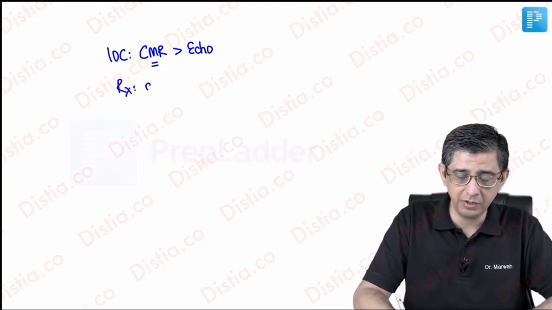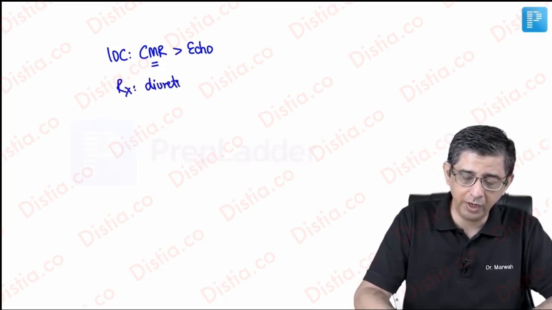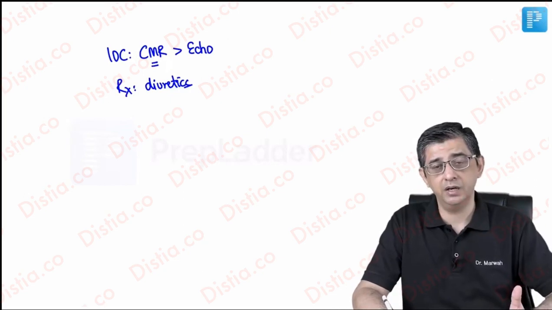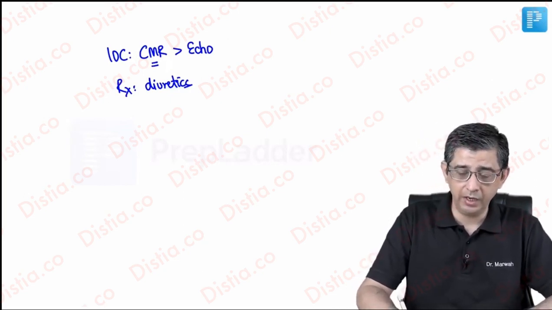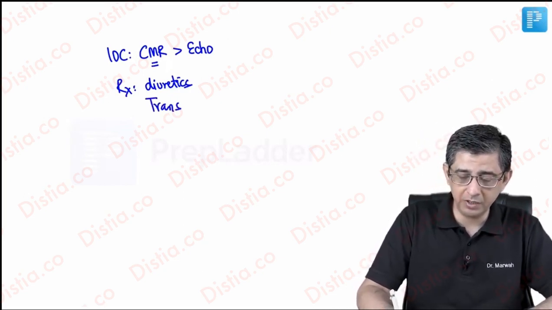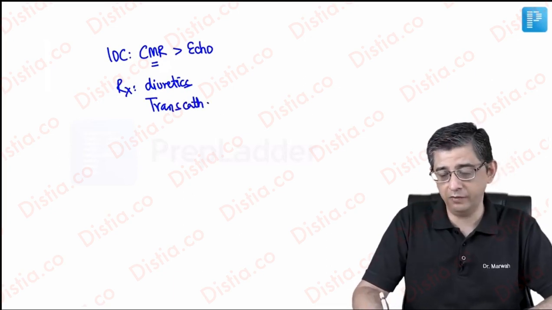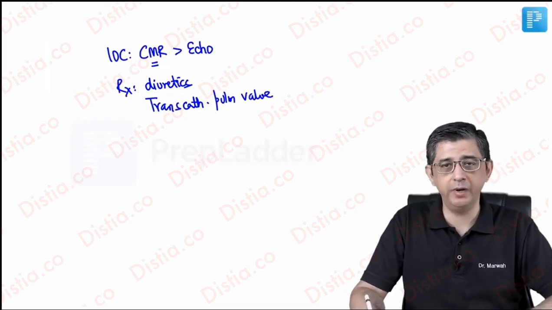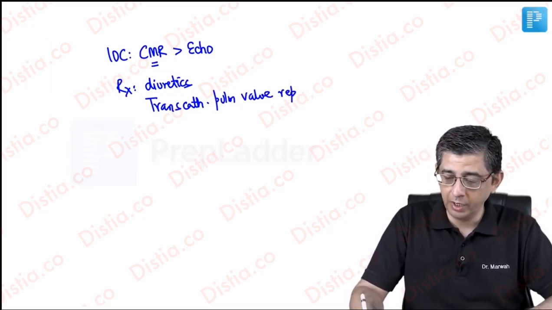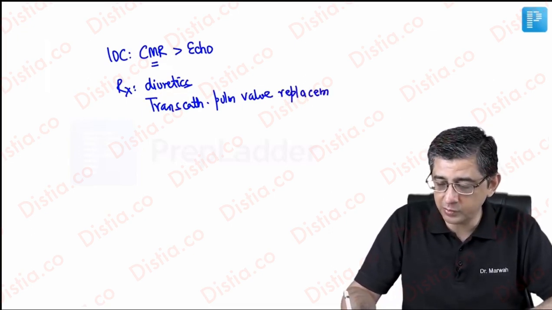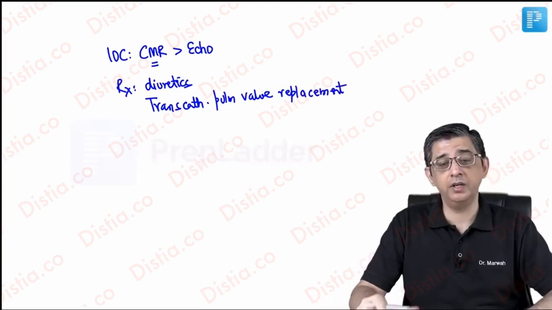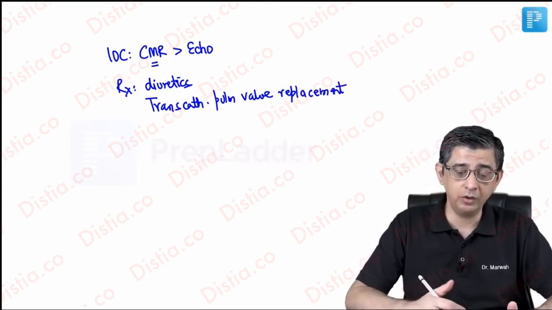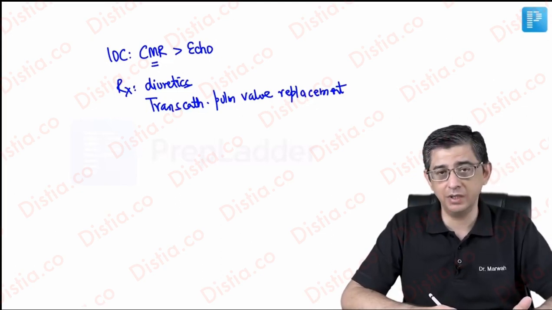And for treatment of these patients, I will be using diuretics to handle problems that will occur with right-sided decompensation. And the treatment of choice for this condition would be transcatheter pulmonic valve replacement. You can understand that the pulmonic valve has already been made a mess of, because most of the time the case that will be given to you in this pulmonic regurgitation MCQ will be that of a patient who has already undergone a surgical correction.